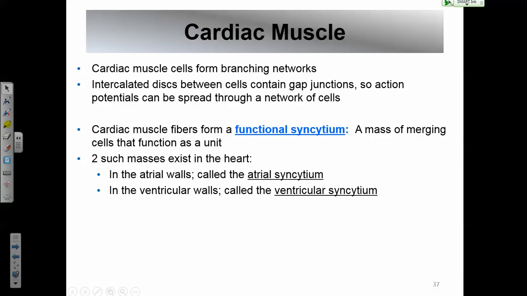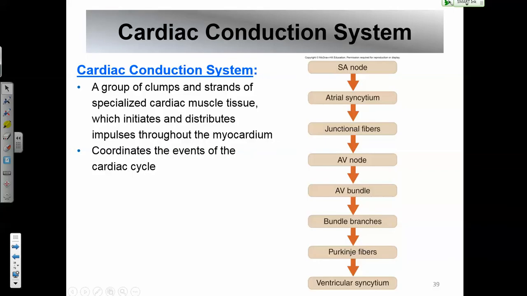Okay, so cardiac muscle cells are real special because they intercommunicate, they're self-exciting, they're rhythmic. But they do have to get an initial stimulus from the nervous system. And so now what we're going to look at are the groups of cardiac cells that provide the stimulus.